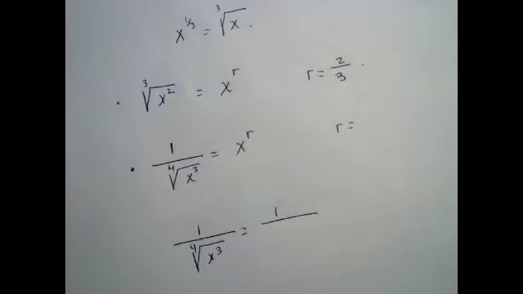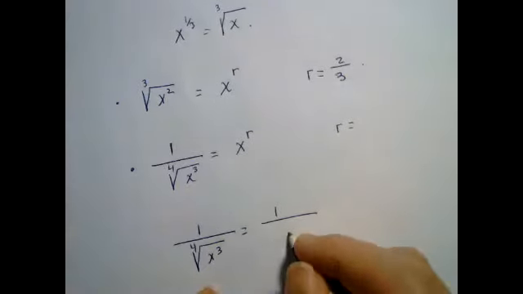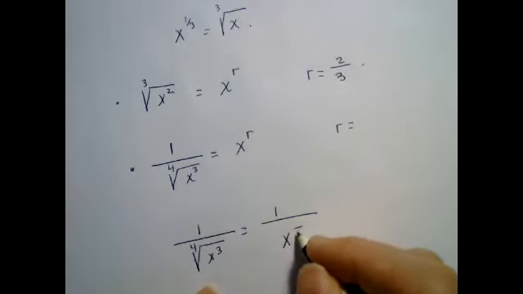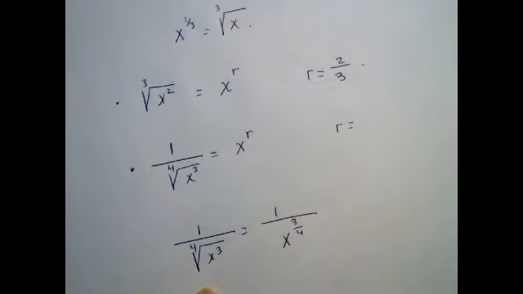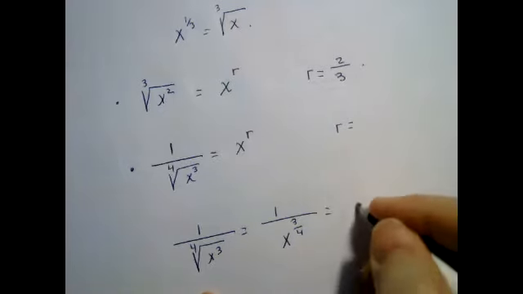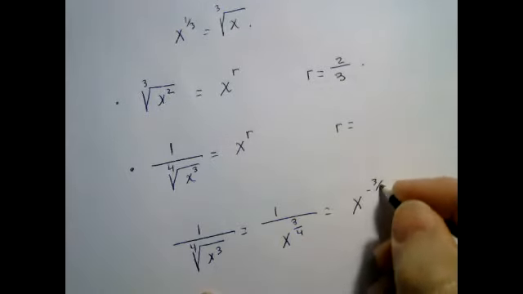Yep, yep. Anybody else? Yeah, correct. This right here, the denominator is the root and the power is the numerator. So 1 over x to the 3/4 means x to the minus 3/4.